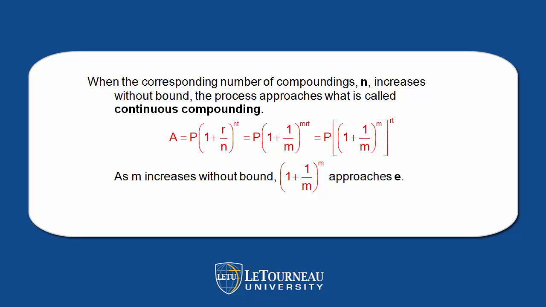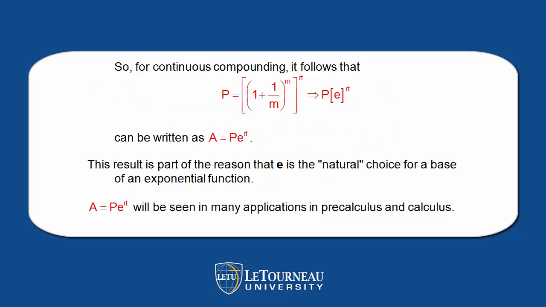So when the corresponding number of compoundings increases without bound, this process takes on a little different approach called continuous compounding. Now in calculus, you're going to see how as m increases without bound, 1 plus 1 over m to the m goes to e.